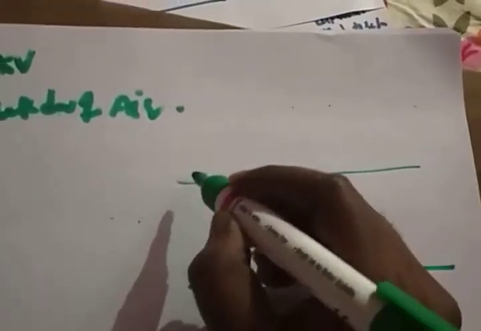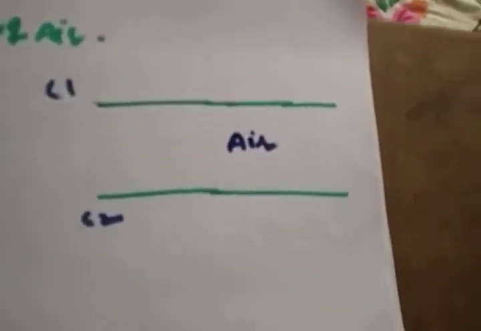Right? So these are transmission lines. Listen clearly, this concept is very, very important, and it should be very understandable also, right? So this is conductor 1 and conductor 2. Between these two conductors, air is there.